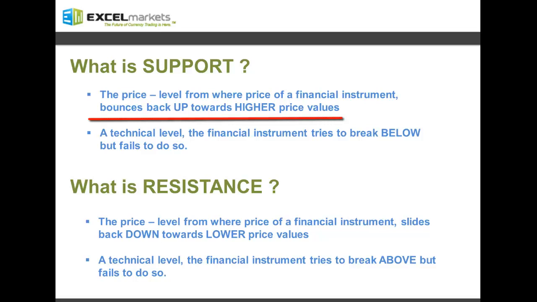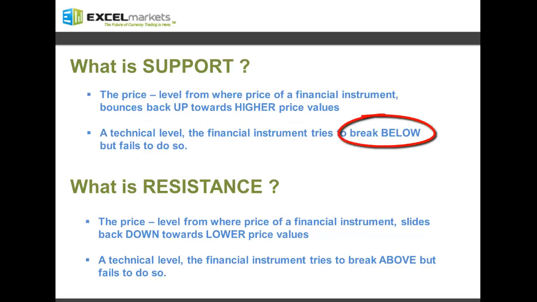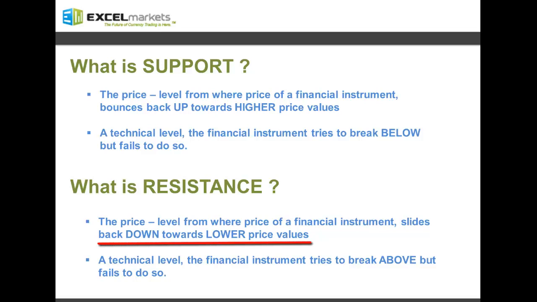It is a technical level the financial instrument tries to break below but fails to do so. On the other hand, resistance is the price level from where the price of a financial instrument slides back down towards lower price values. It is a technical level the financial instrument tries to break above but fails to do so.